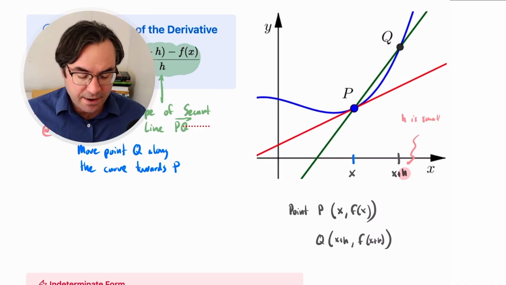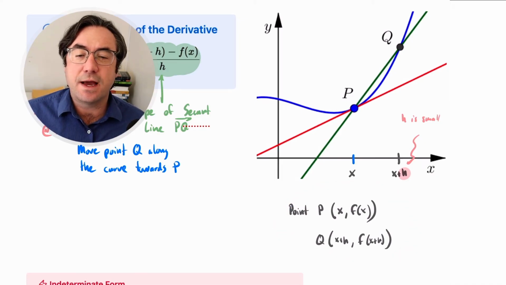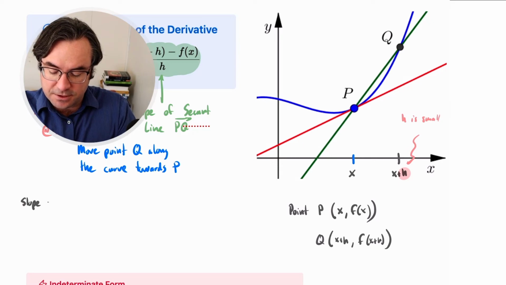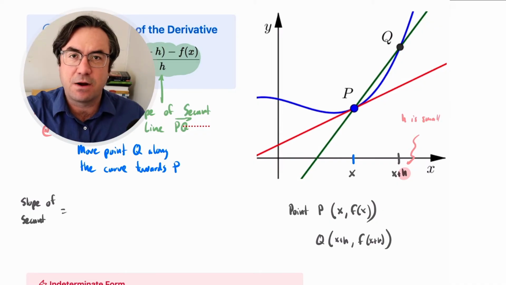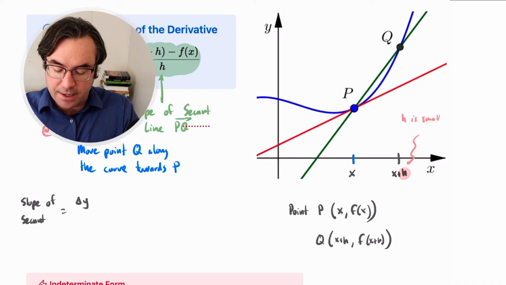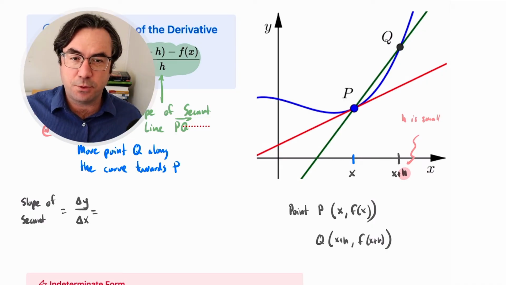All right, so we have these 2 points, and now we want to figure out the slope of the line connecting those 2 points. So let's look at the slope of our secant. If we remember back, one of the first things we did, slope of a line is change in y over change in x. And so we can take the y coordinate from both of these points.